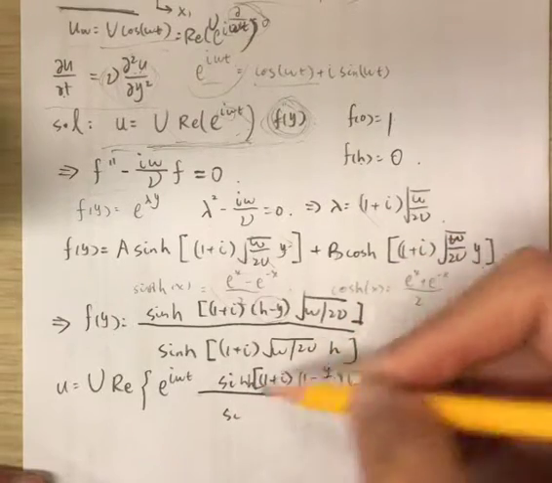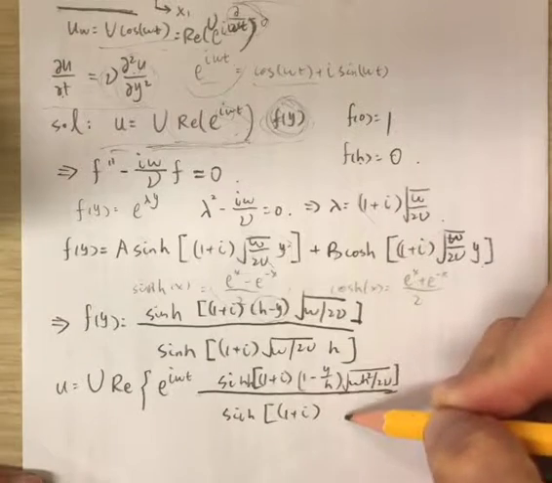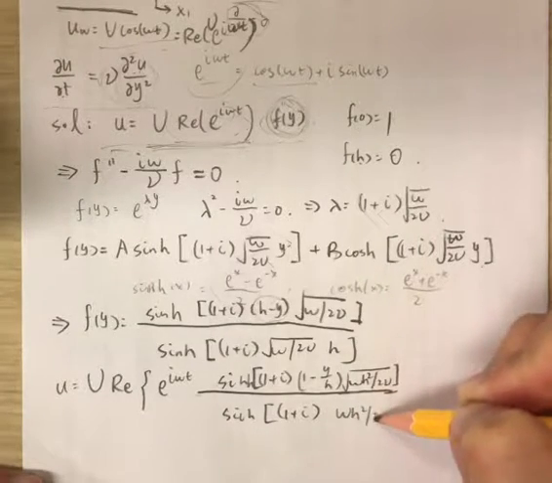On the denominator, we have sinh of (1 plus i) times the square root of omega h squared over 2 nu.